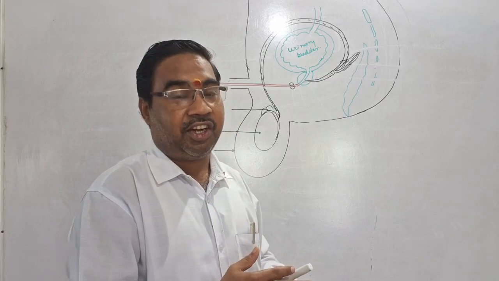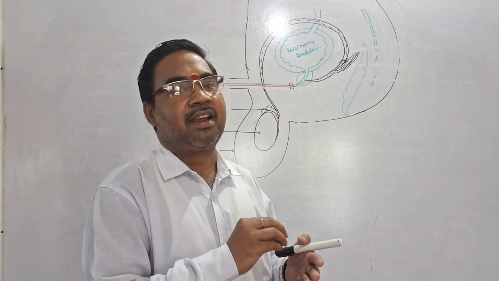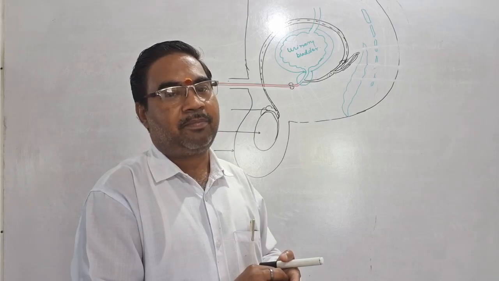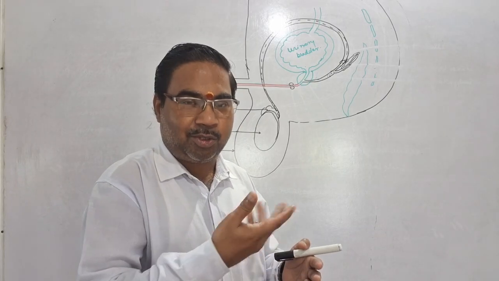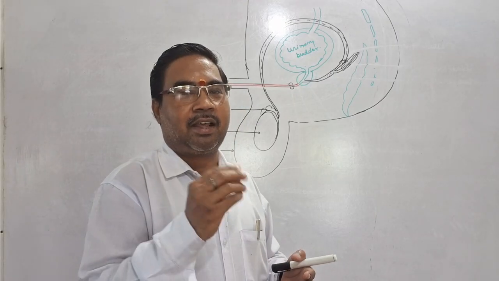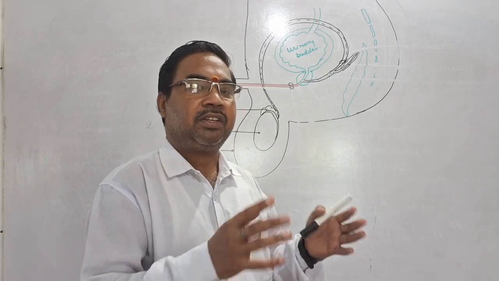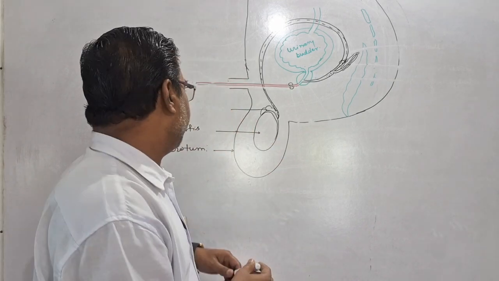Those cells secrete testosterone. All three are required. Sertoli cells help in the nourishment of the sperm. Sperm mother cells do spermatogenesis and form sperms, and Leydig cells form testosterone, which indirectly helps in the complete process of spermatogenesis.